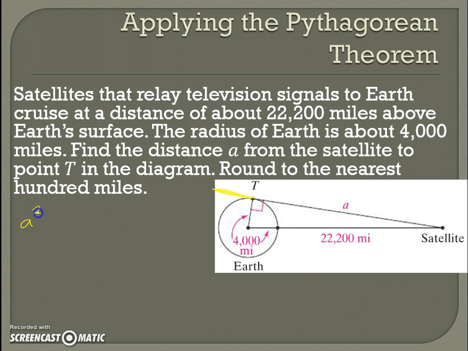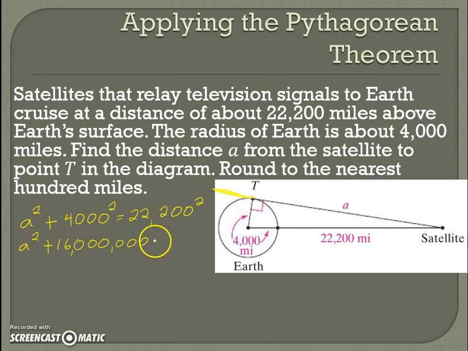So put this into the Pythagorean theorem. a squared plus b squared, but instead of writing b squared, I'm going to write 4,000 squared equals 22,200 squared. Now these are going to be some pretty large numbers. Let's see, 4,000 squared is going to be 16 with 6 zeros behind it, so 16 million.